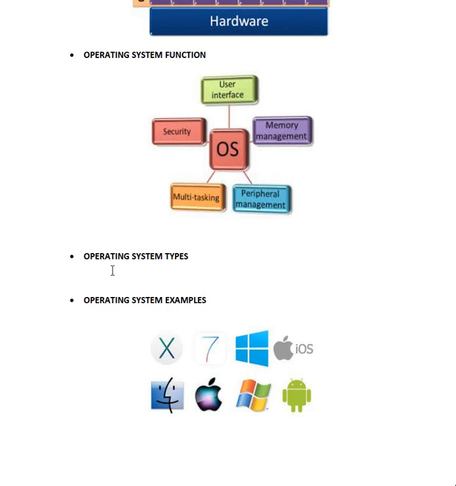Apart from that, the functional activity of the operating systems, how the types vary in terms of memory management, how they vary in terms of process management, how they vary in terms of scheduling of the processes. All this comes under the operating system types.